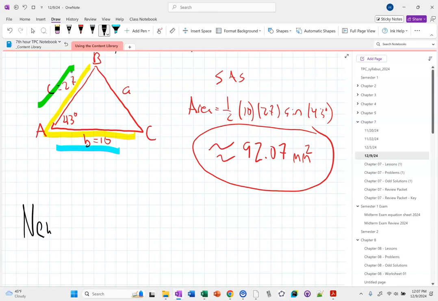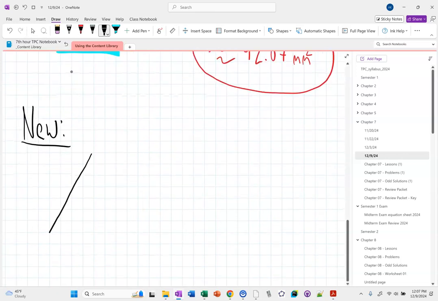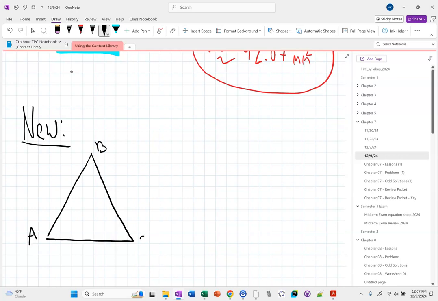Now, our other option for our new formula is we're going to start first by defining a new quantity called the semi-perimeter.